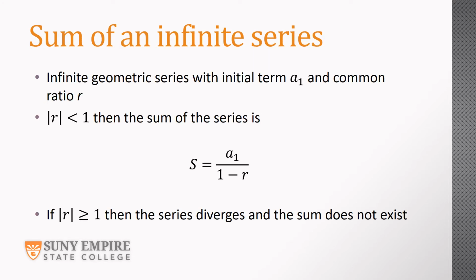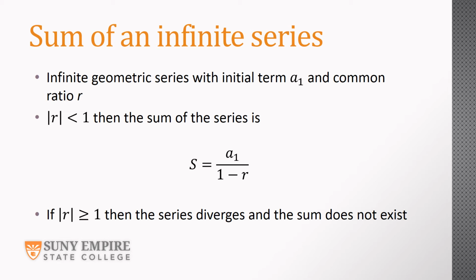Unlike arithmetic sequences, it is sometimes possible to find the sum of the entirety of an infinite geometric sequence. Suppose we have initial term a sub 1 and common ratio r.